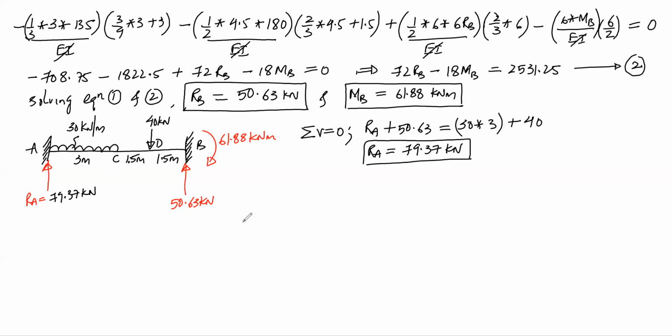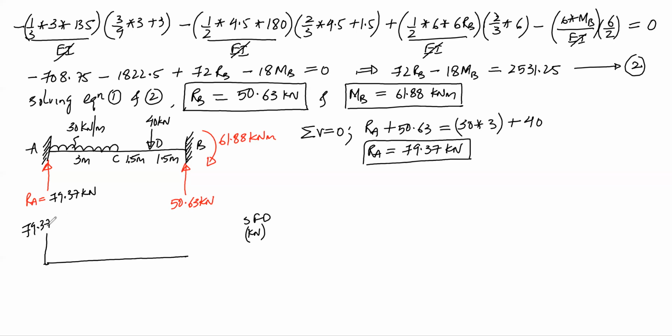So we can draw the shear force diagram in kilonewtons. So this is our reference. At point A, there is an upward force of 79.37, so it will be plus 79.37. From point A to C, there is a UDL acting downwards, so we have to subtract it.